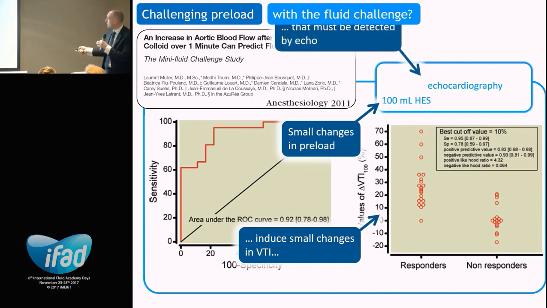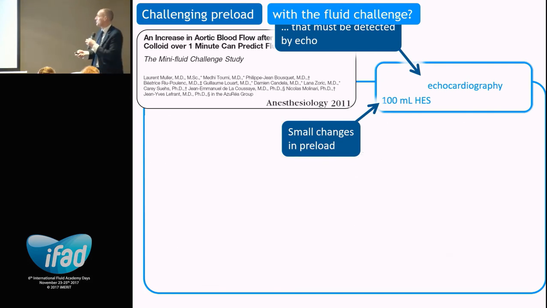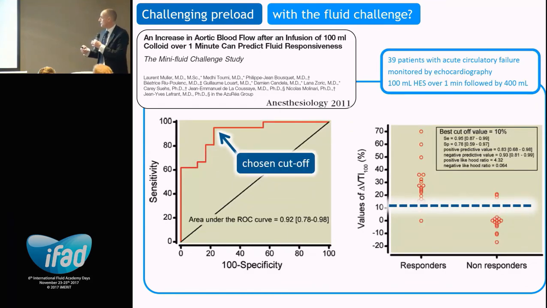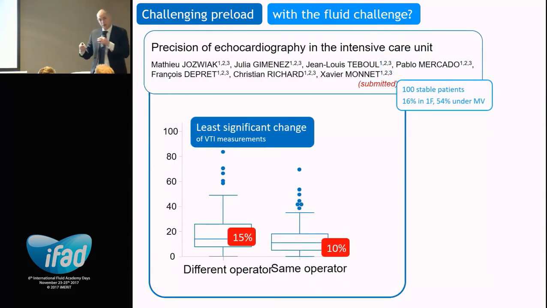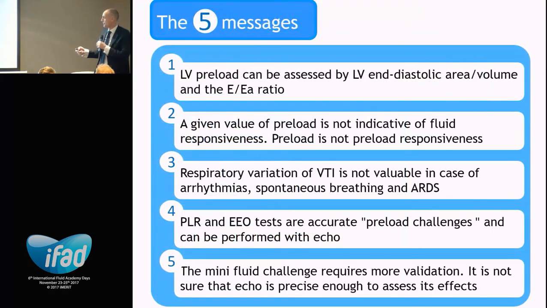And the threshold here was in fact a 6% value, again below the precision of echo. So they had to artificially increase the threshold to 10%, and by increasing this threshold, they were above the precision of echocardiography. It means that with this mini fluid challenge, you need a very precise measurement of cardiac output.